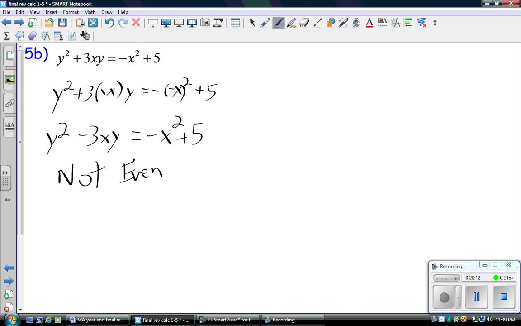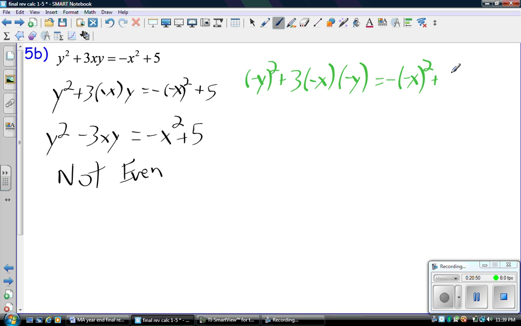So the other thing I can test for is, is it odd? You'd think you replace the y's with negative y's. No, you replace the y's with negatives and the x's with negatives. So if I replace every y with a negative y and every x with a negative x, I'll see if I get the same machine back. I'm doing this baby step by baby step. A lot of times you can just intuitively look at it and sort it out in your head.